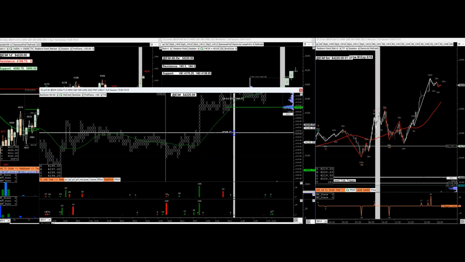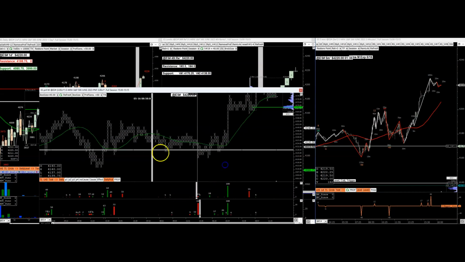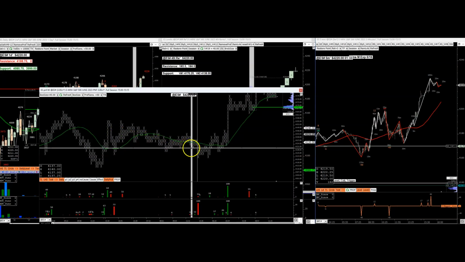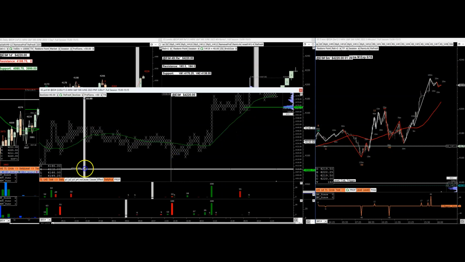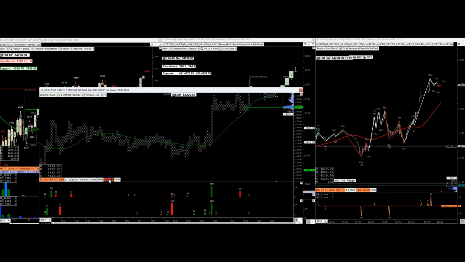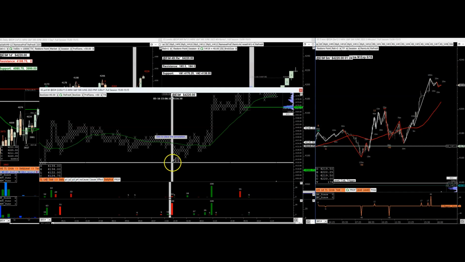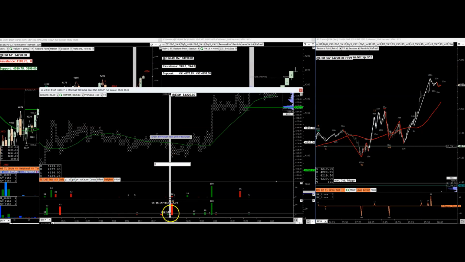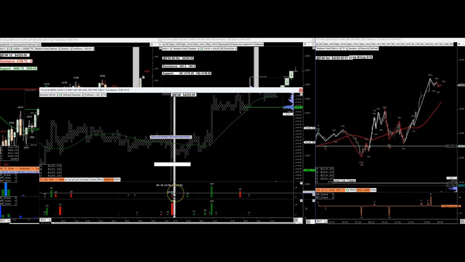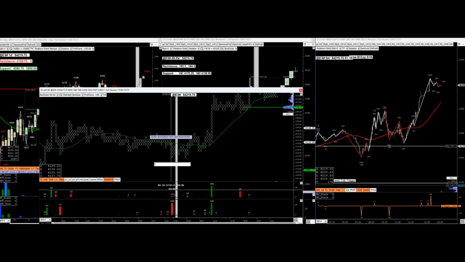So we see that the market was pulling back. Where is the climax? The climax is right here. The bottom indicator is volume, and the top indicator is price.